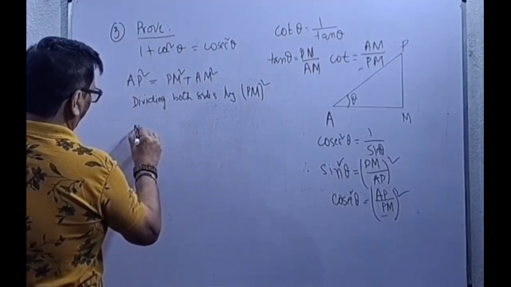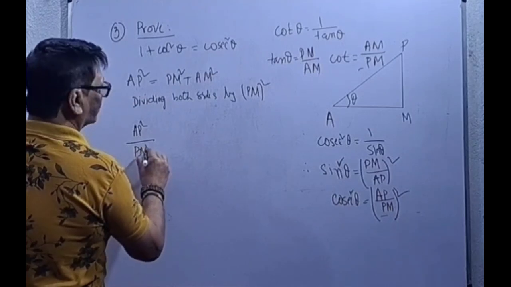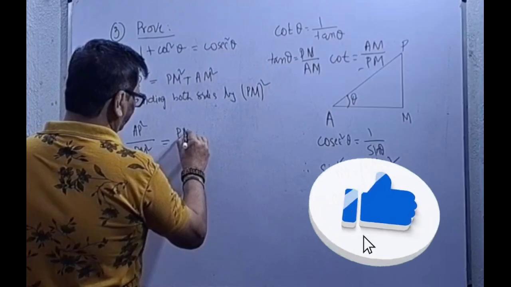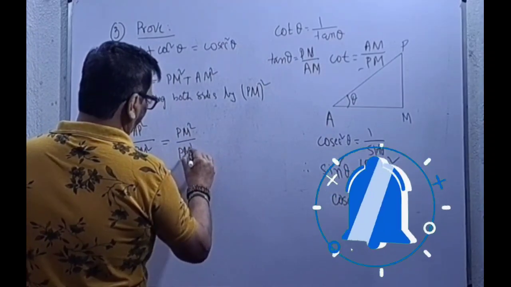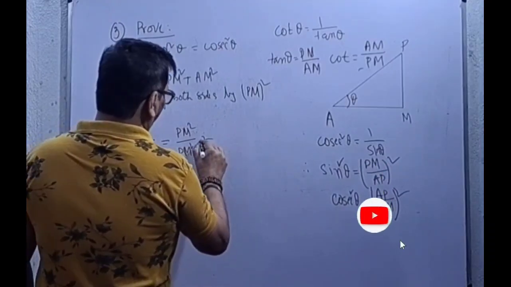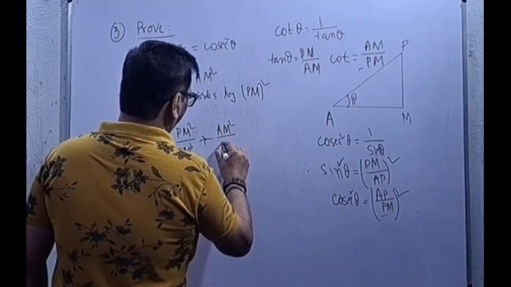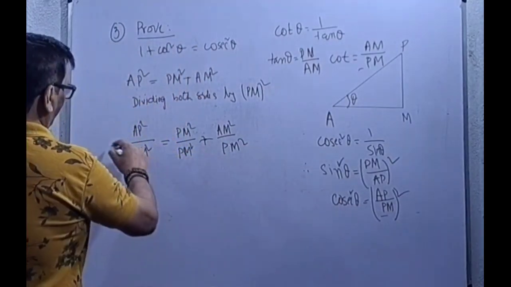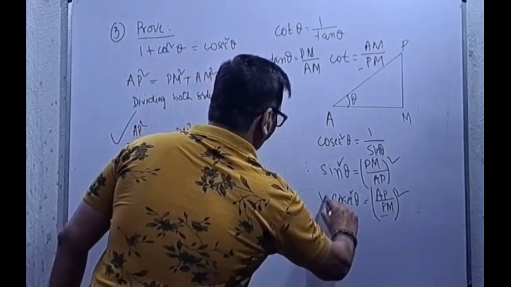AP square by PM square is equal to PM square by PM square plus AM square by PM square. Right? Now look at this and look at this.